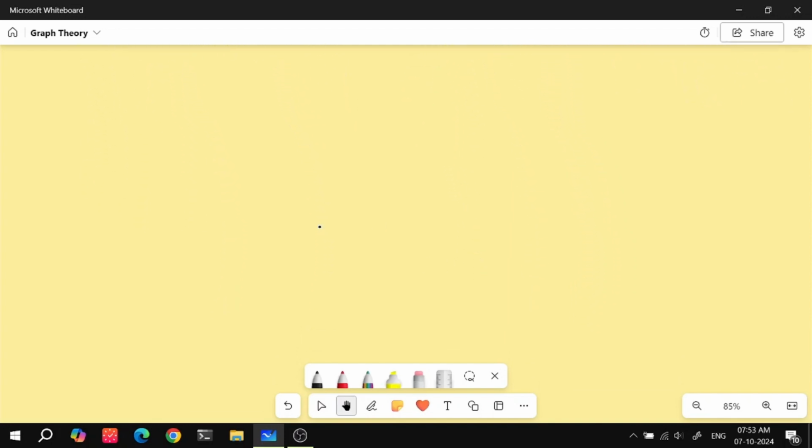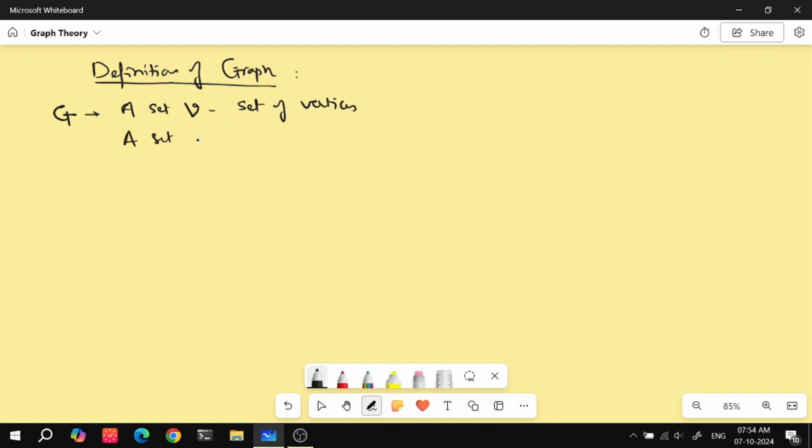Okay. Now coming to the next topic, and that is the definition of a graph. See, a graph G consists of a set V, which is the set of vertices, and another set E, which is the set of edges.